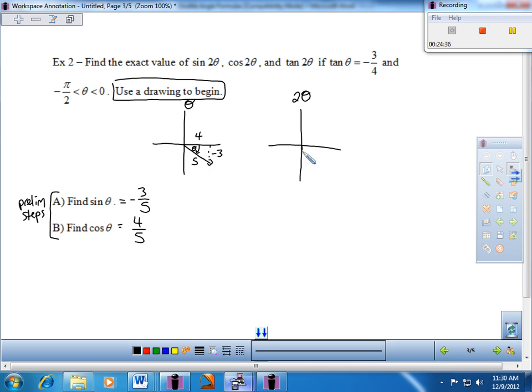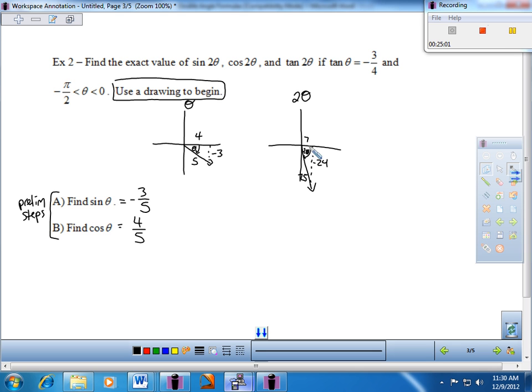It just brings us further down, sort of looking like that. And now take a look at the ratios there. This would be a positive 7. This would be a negative 24. And this would be a 25. Do those numbers kind of match the scenario with this rotating further and closer to the y-axis? There, everybody, is my 2 theta from there to there. Sorry, that doesn't look great, but that would be 2 theta.